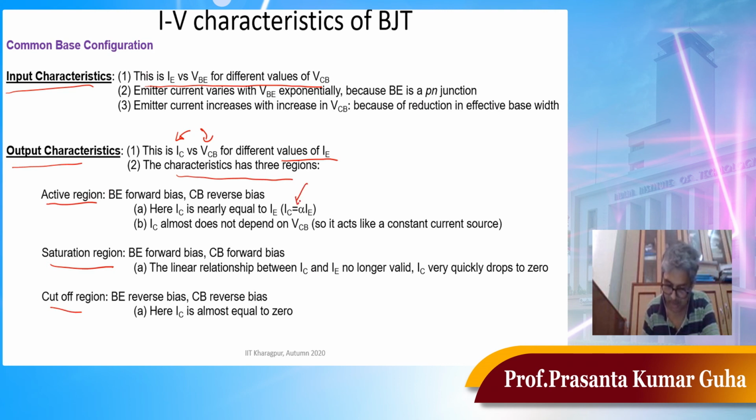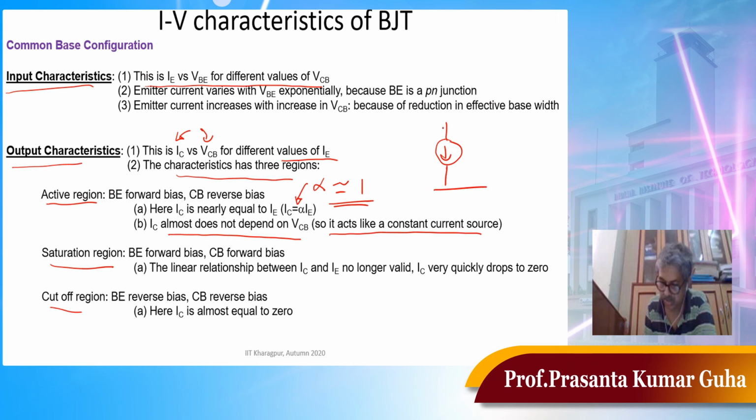In the active region, IC is equal to alpha times IE, where alpha is very close to 1 but less than 1, because some carriers will recombine at the base, and IC does not depend on VCB. This IC is almost independent of VCB. That shows that this can be used as a constant current source. In a constant current source, the current of a device remains constant even if you change the voltage.